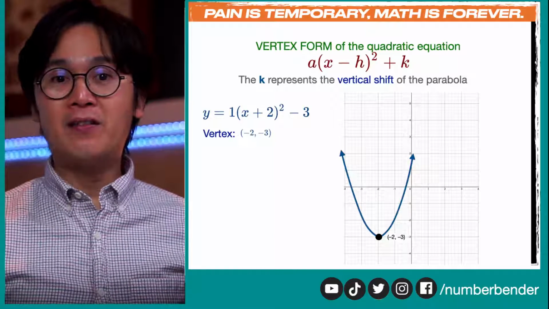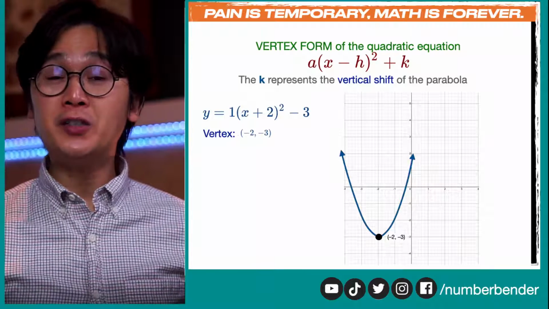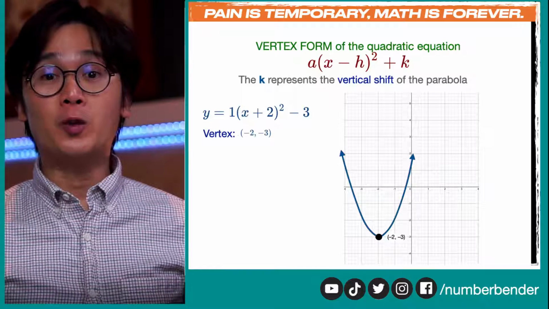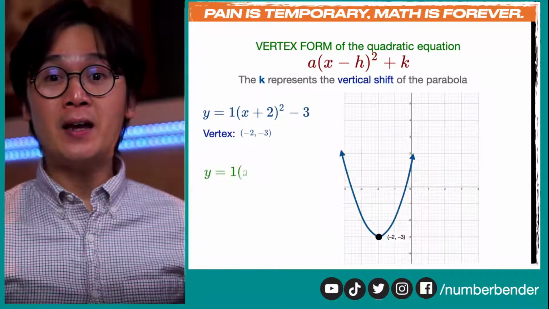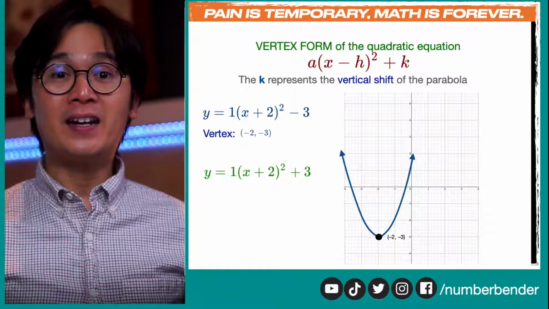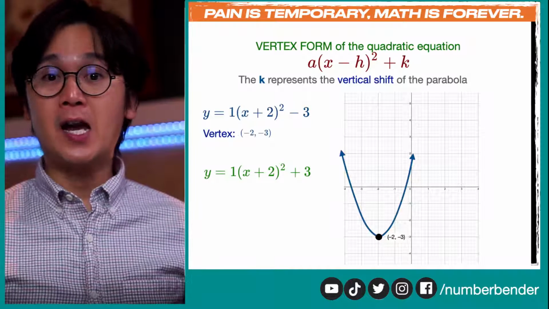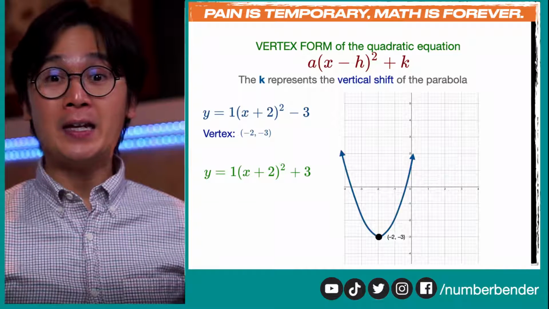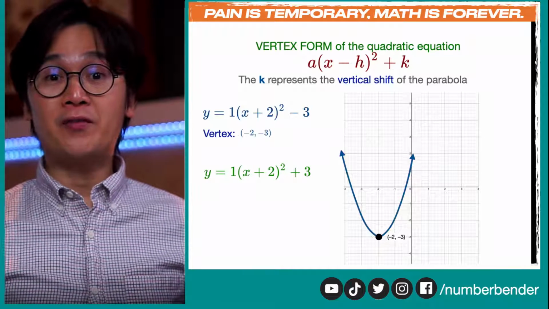Now let's have a transformed version of this parabola by changing the value of k, which is in this case negative 3. Let's have k at positive 3 this time. So the value of a and the value of h are not changing, but k becomes positive 3 instead of negative 3.